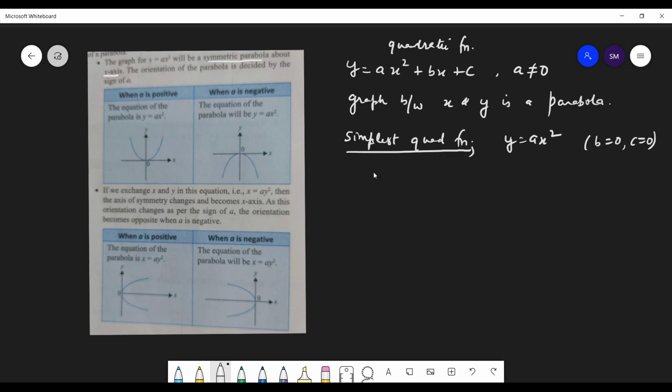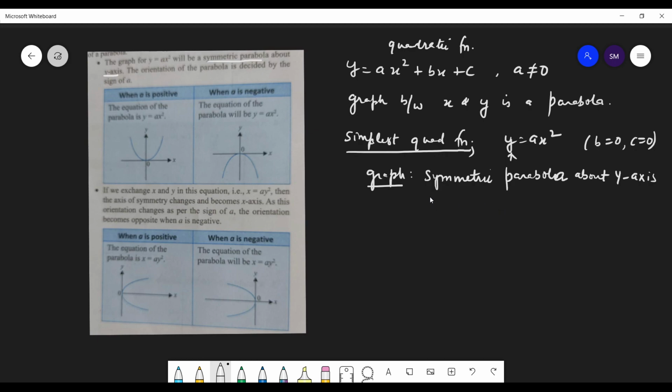So its graph will be a symmetric parabola about the y-axis. So that's your y. About the y-axis, you will have a symmetric parabola.